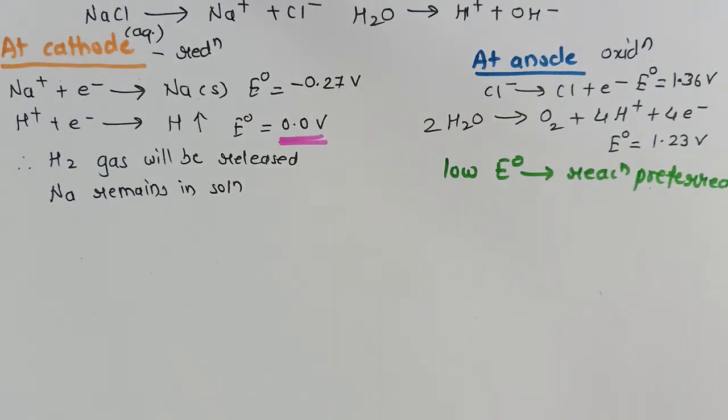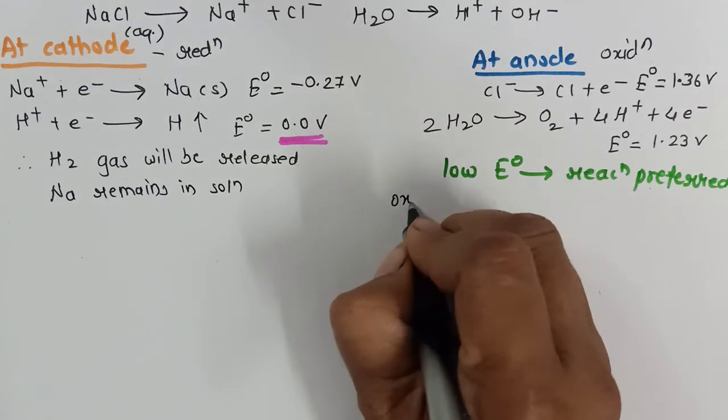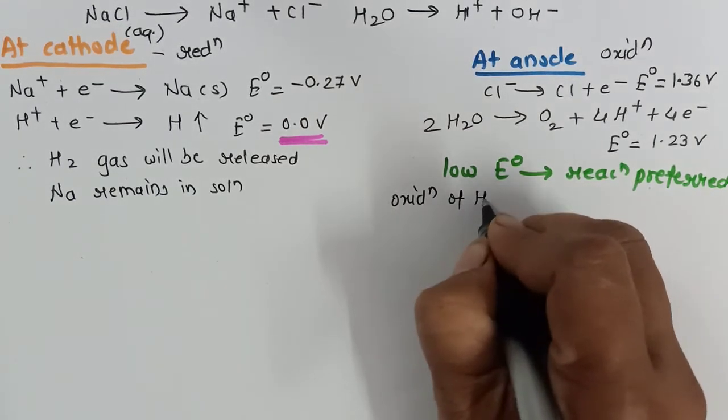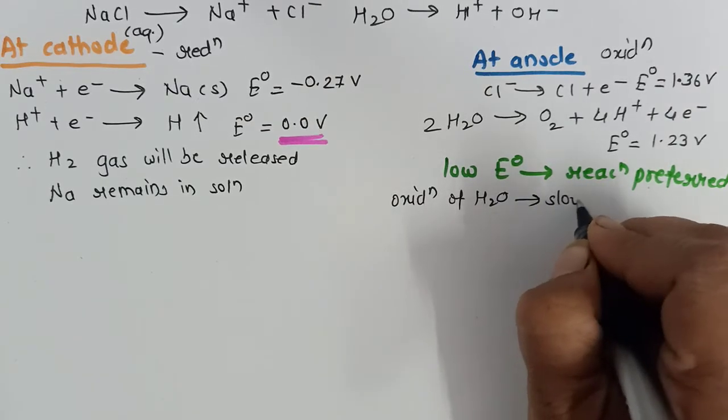We know that at anode, the reaction with low E naught value is preferred. So ideally oxygen gas should be liberated at anode, but what happens? The oxidation of water is a very slow process.